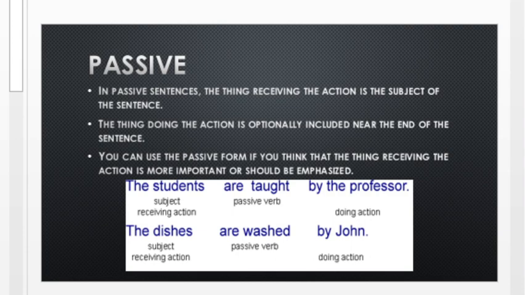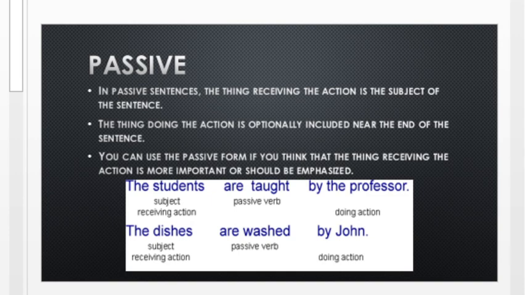The same goes with the second sentence, the dishes are washed by John. The focus here is John, who's the one doing the dishes. So this is one way for you to focus. When you want to show the one who reads your progress report who is doing a particular task, you can use passive.